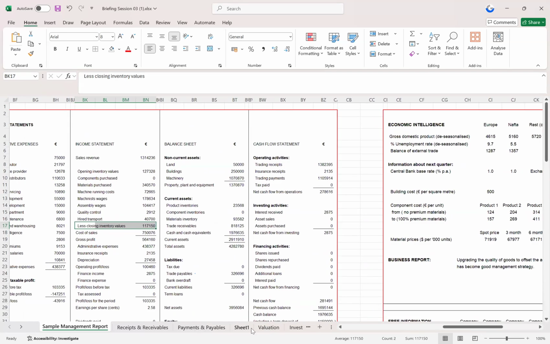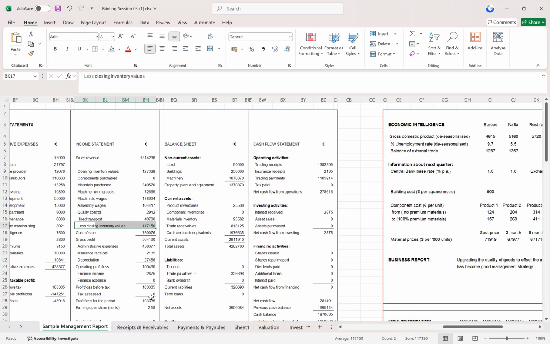Sir, one small doubt here. For the material inventory, we take decisions for spot, 3-month and 6-month. Is that 3-month and 6-month order also calculated in the closing inventory value or not? You are losing only 10% on 6-month, and you lose a larger percentage on 3-month.